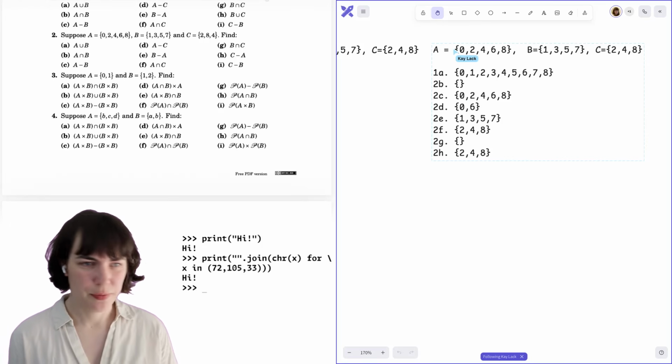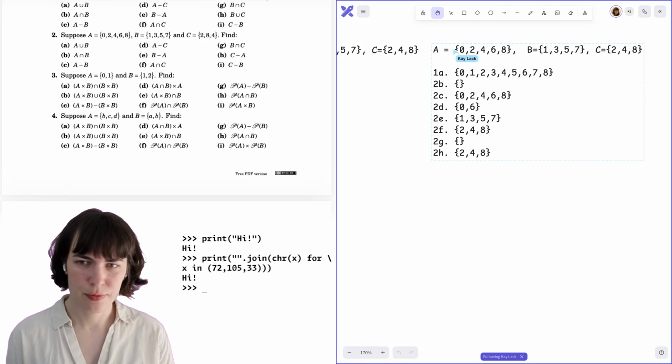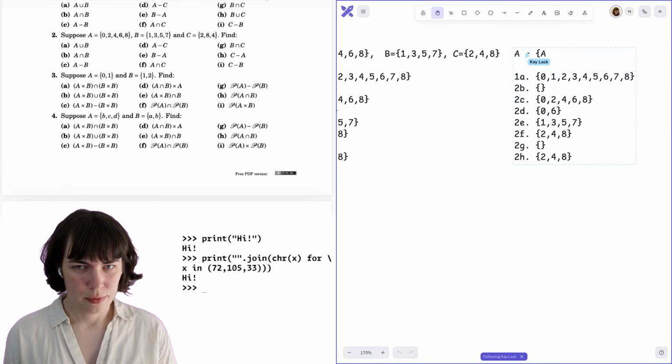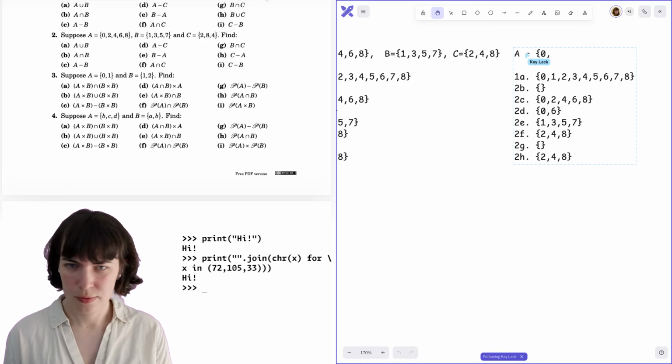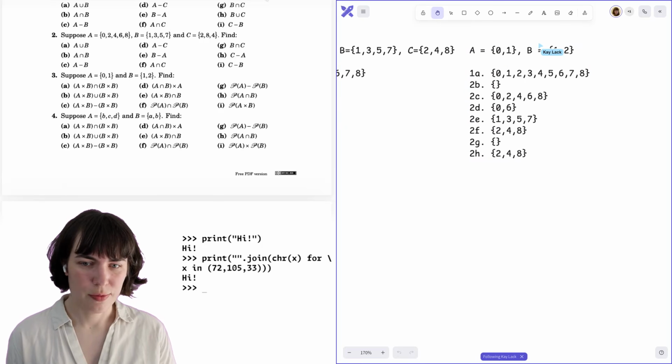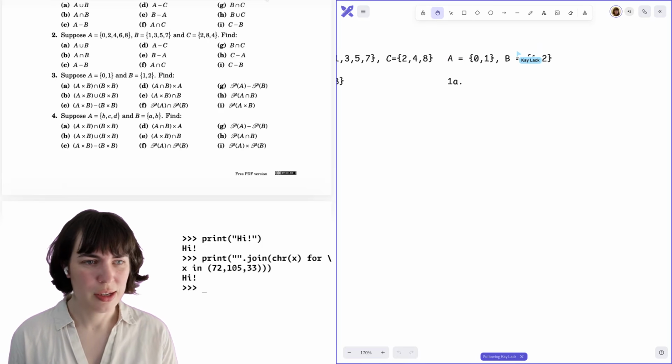Let's try 3A, sorry. Oh yeah, these are actually all 2. Okay, so let's just do this one.